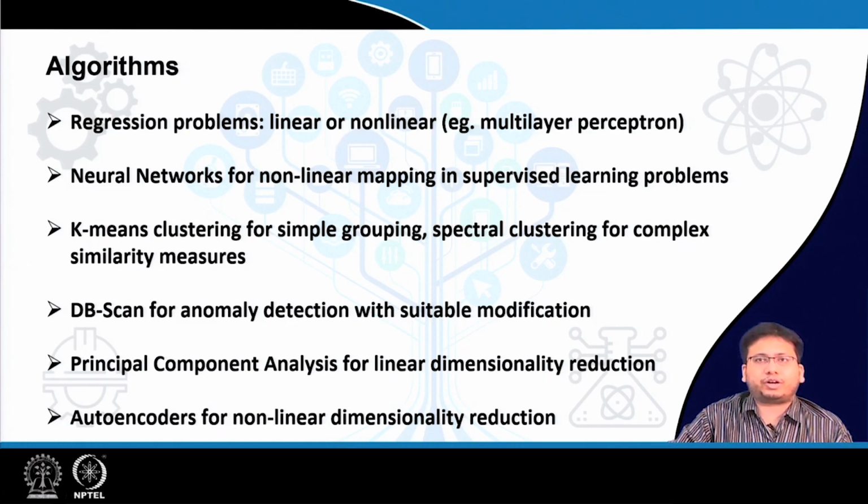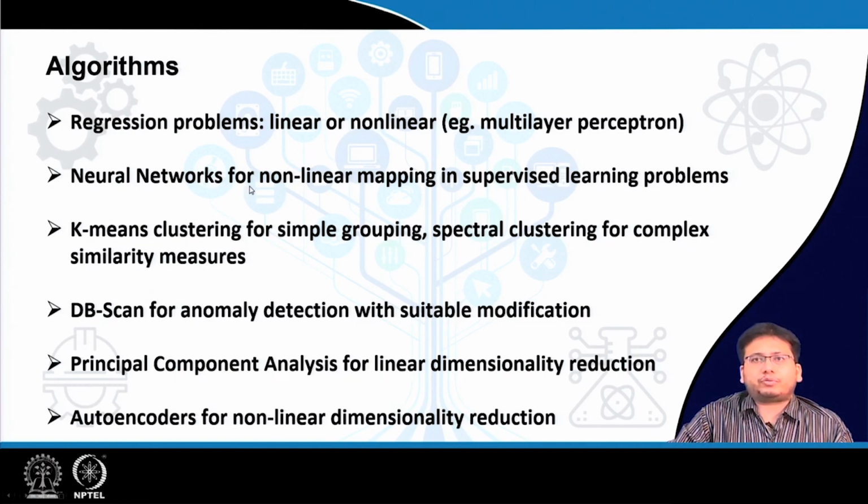For linear, we already know there is simple linear regression, then there are the various regularized regressions which impose some kind of structure, like sparsity, on the different coefficients, which I already mentioned. Apart from that, there are nonlinear regression methods like multilayer perceptron and things like that.